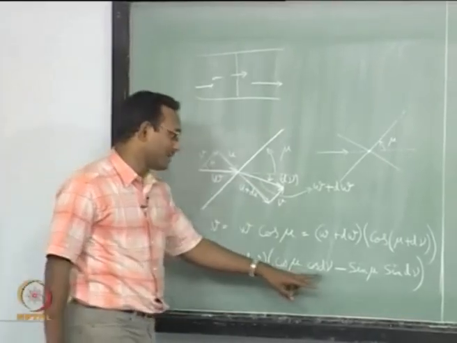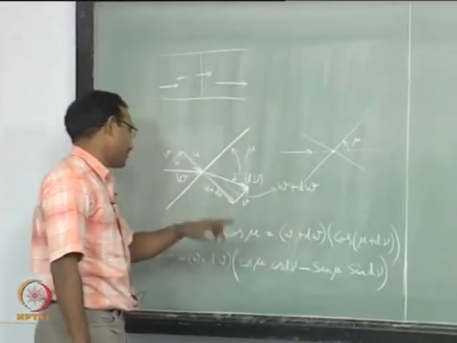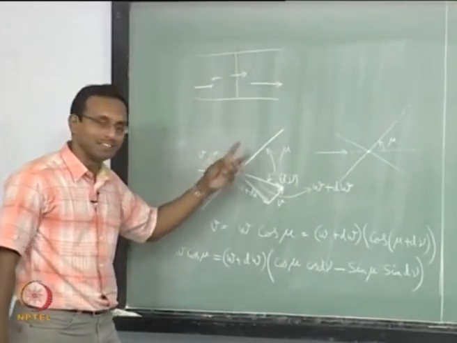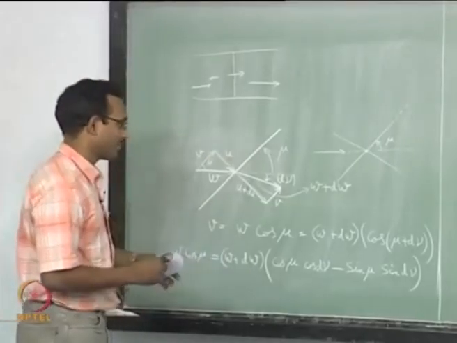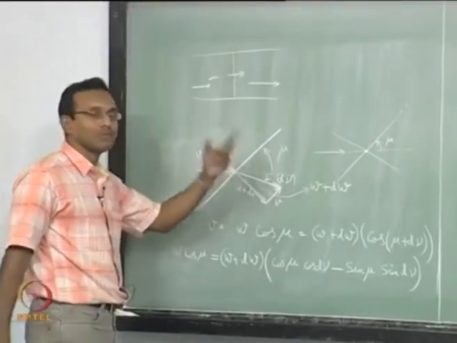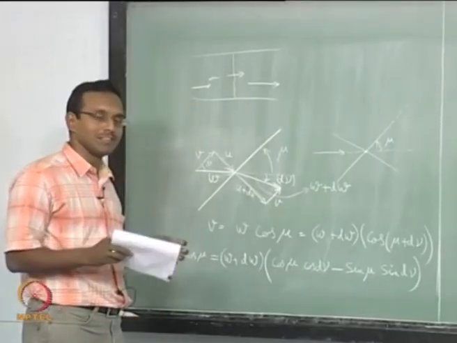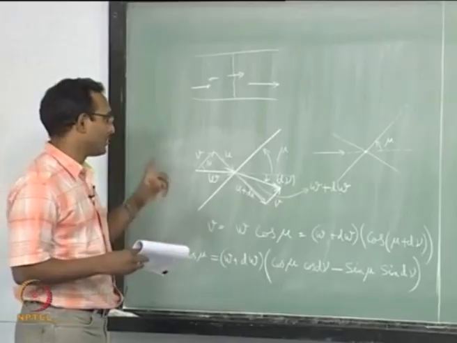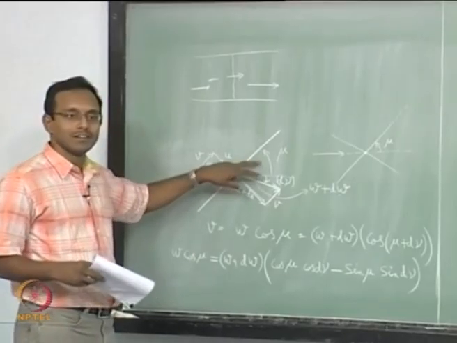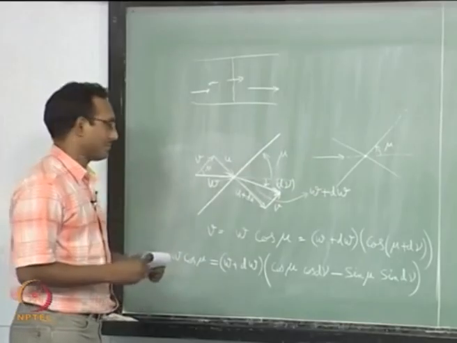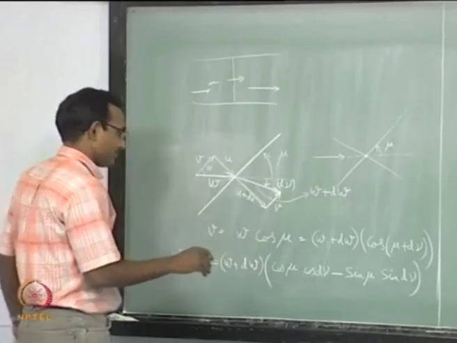I can now say that d nu is very small, dW is very small, du is very small, dp, dT, everything across this is very small. They are all of the order of d nu. Except for entropy, I am going to say it is approximately equal to 0, we will just force it to be 0, because we are using isentropic implicitly when I say mu is the angle here. We will keep it that way.